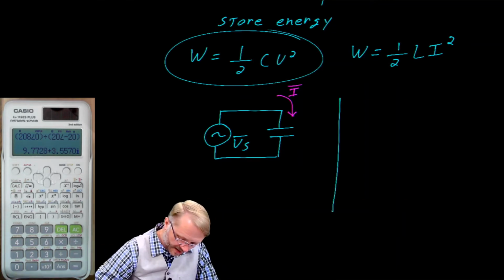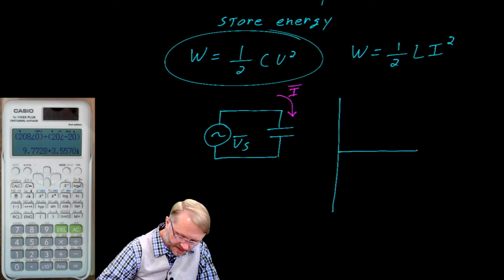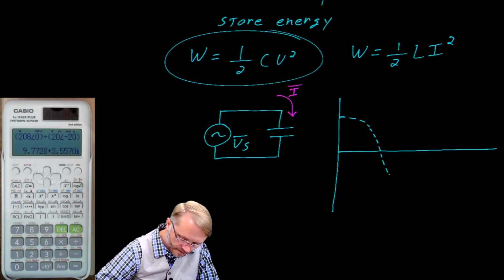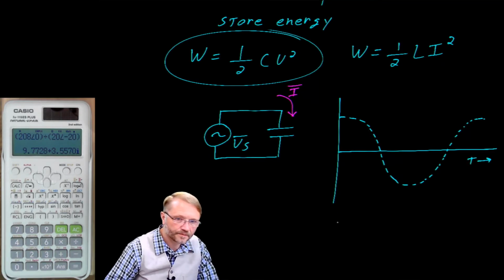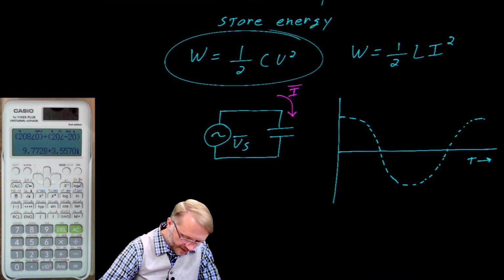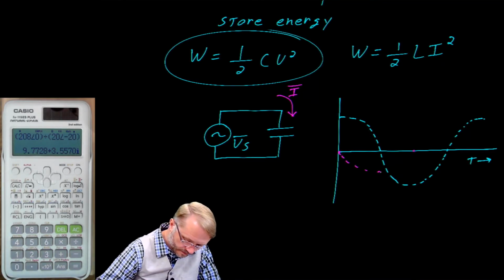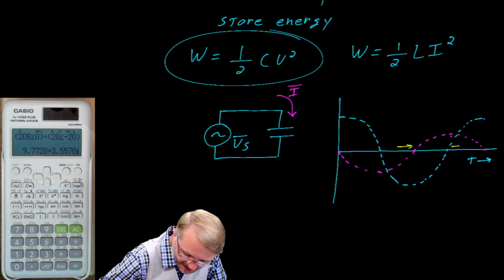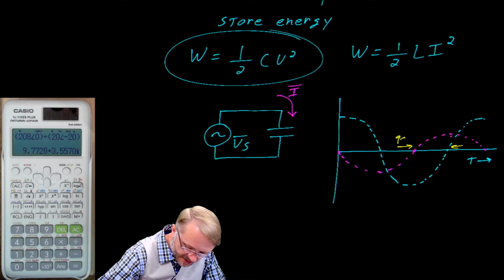In the time domain, we end up with a waveform that looks like this. We have the voltage, and then we have the current. You'll notice that this is a 90-degree phase shift.